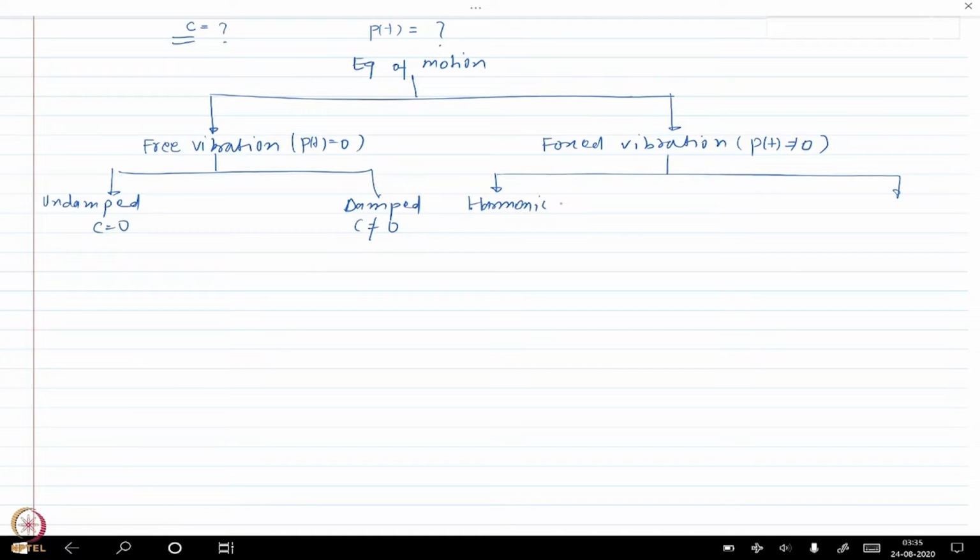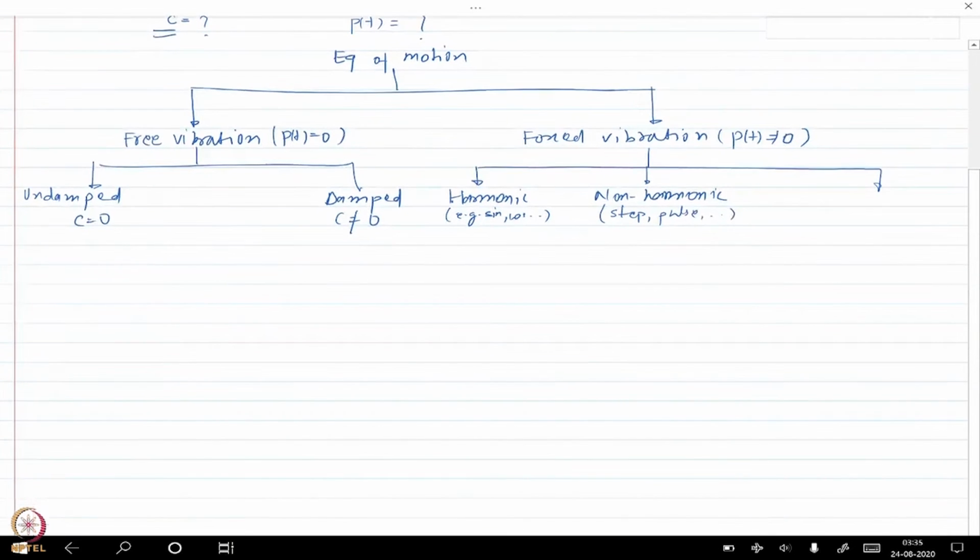Then we could have non-harmonic motion, such as step functions or pulse excitations. And then we will have random excitation.